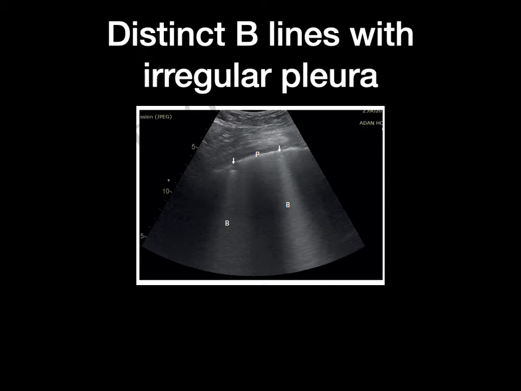They have also produced a quite complicated decision tree and algorithm, but I really don't see the utility of that, because it's all about clinical assessment, and lung ultrasound really is just one little piece of the puzzle. You use it as part of your physical exam and your investigations, as part of the whole big picture. It gives you a bit of extra information, but on its own, I don't think it should drive management.